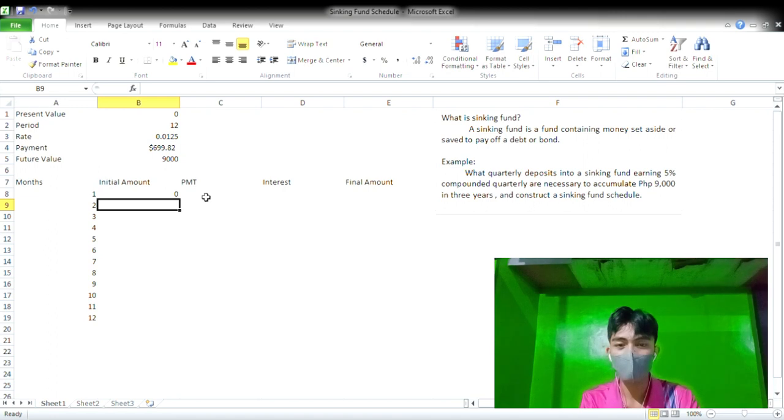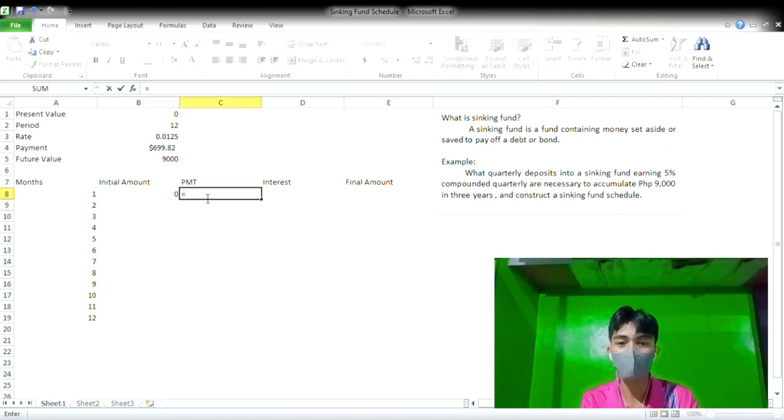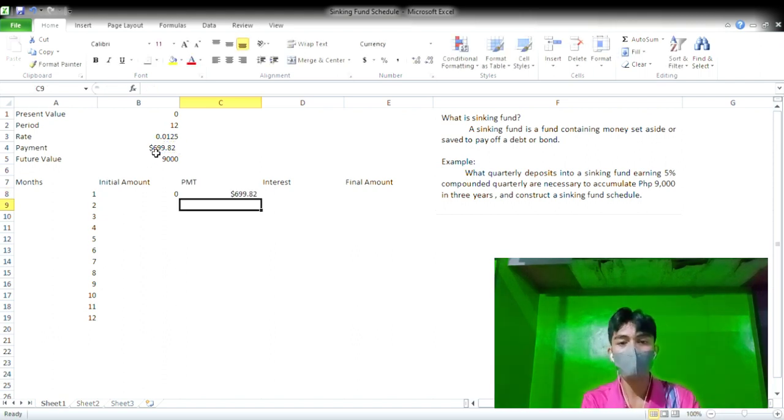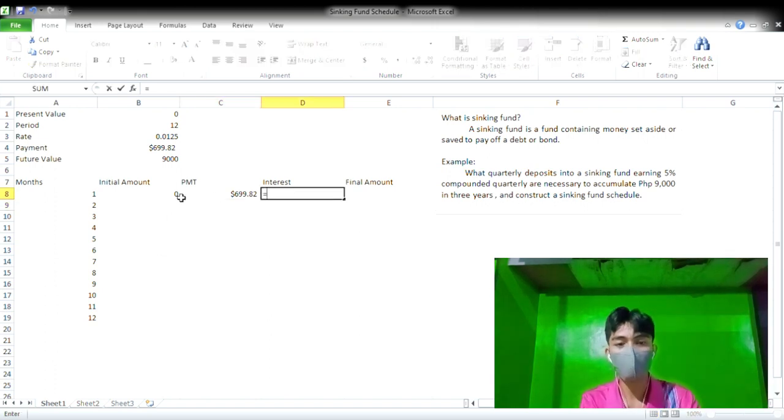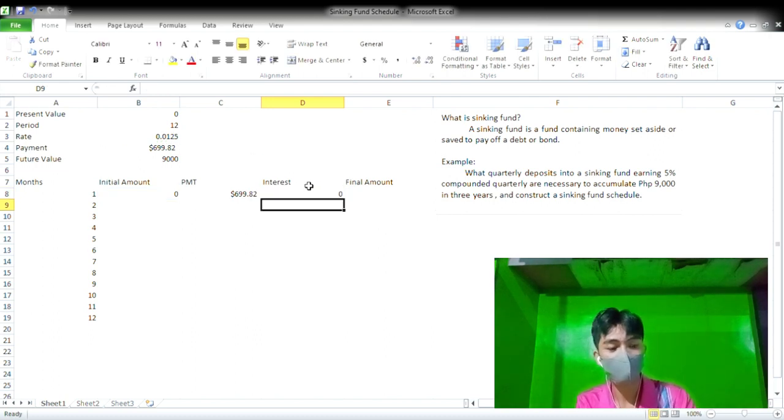Then our PMT equals sign this cell, the payment, which is 699.82 pesos. And the interest is equal sign the initial amount times the rate. So our interest is 0.